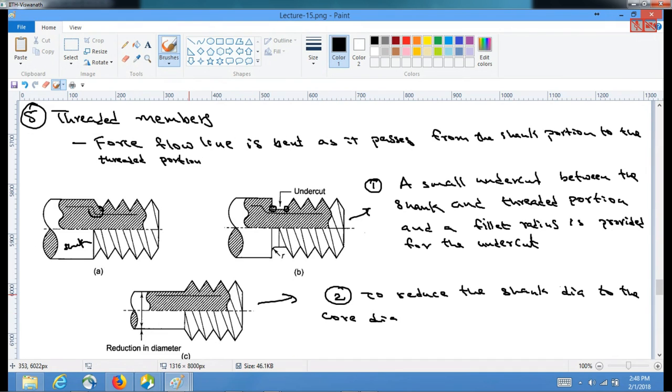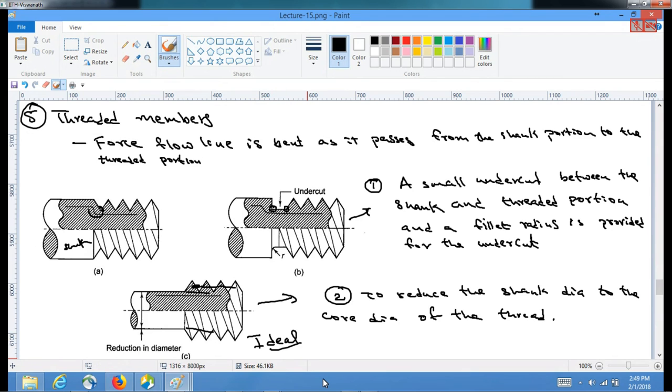This part is the core dia of the thread. And in these cases, you can see that since these parts don't participate in the stress concentration, the stress lines don't deflect at all, and this is an ideal situation if you can go for it.